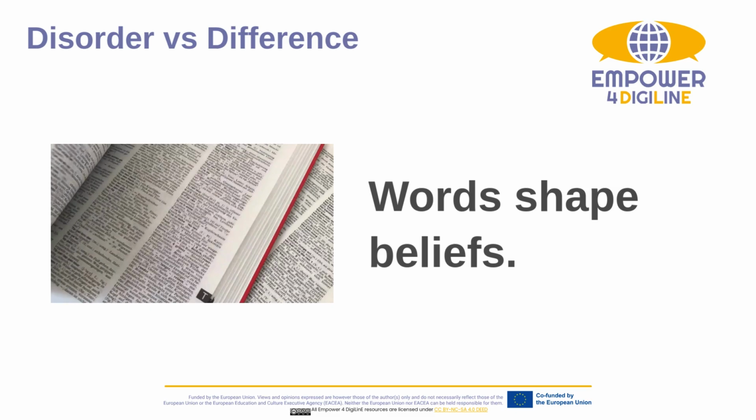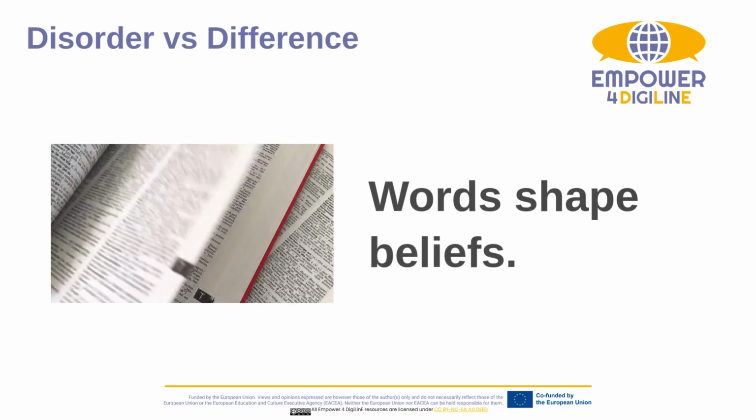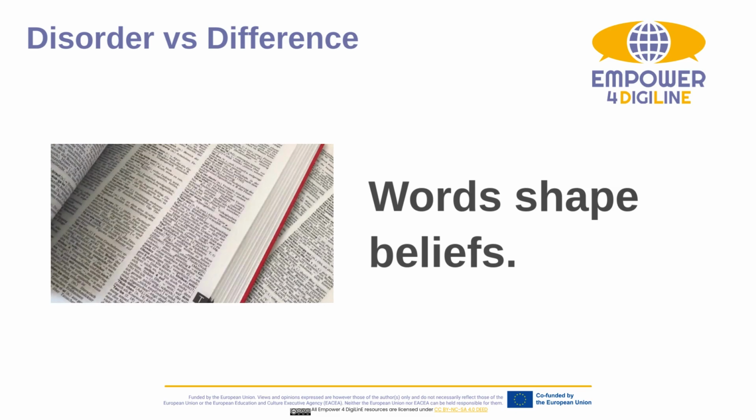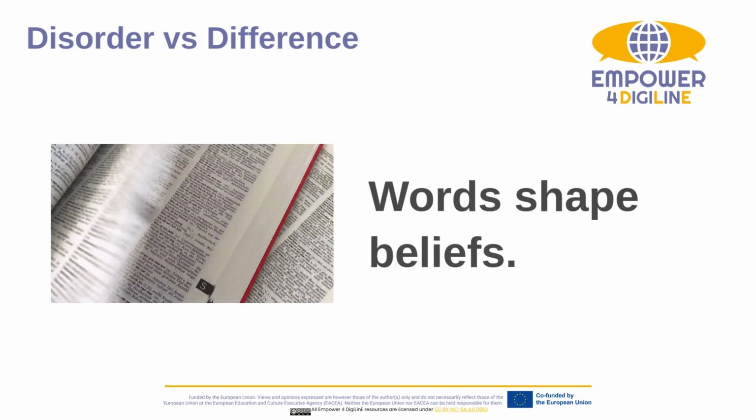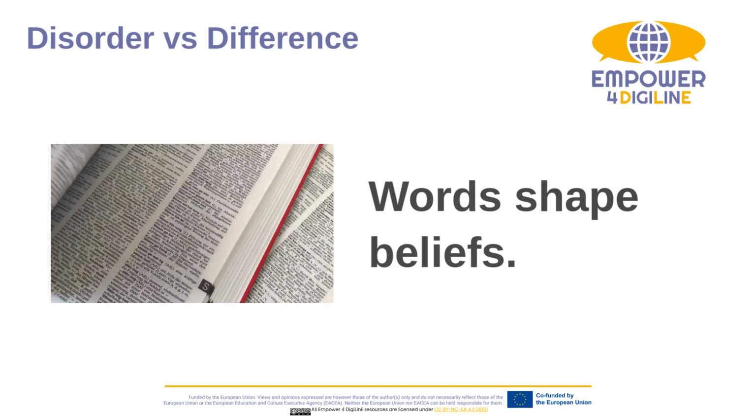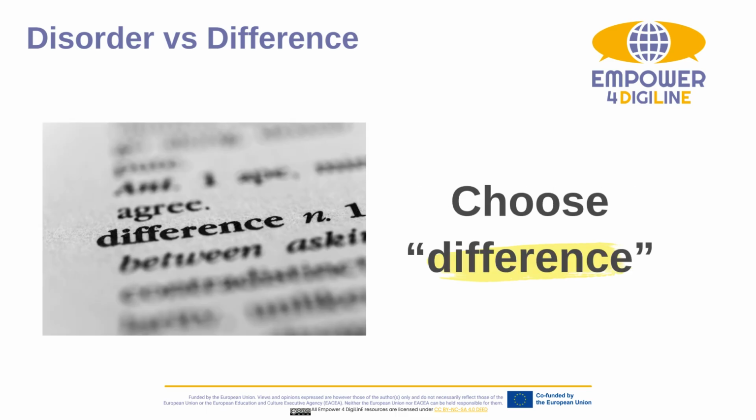You may have heard terms like learning disorder, learning difficulty, or learning disability. These are still used in many countries and legal systems, but many educators and advocates now prefer the term learning difference because it's more accurate and far more empowering. It shifts the focus from what the student can't do to how they do things differently.